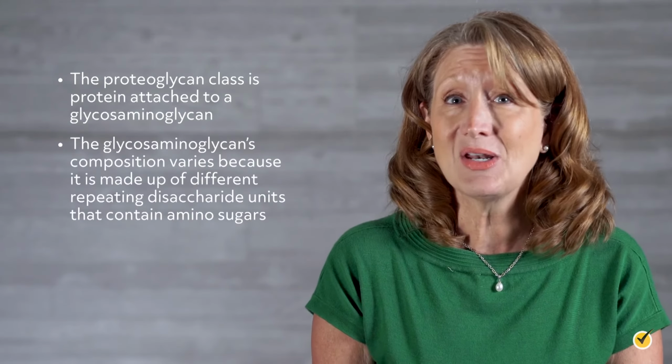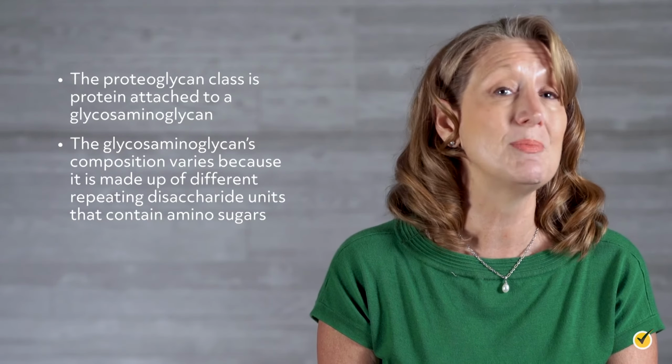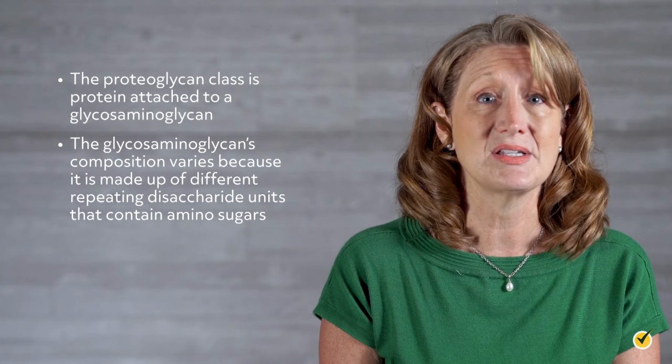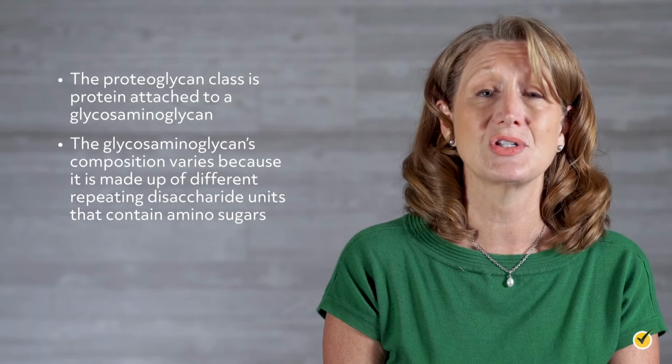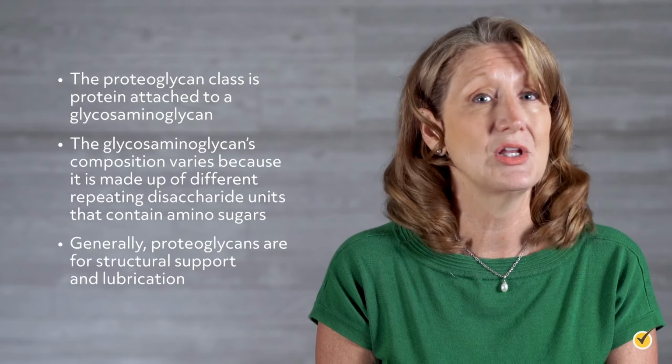The glycosaminoglycan's composition varies because it is made up of different repeating disaccharide units that contain amino sugars. Generally, proteoglycans are for structural support and lubrication. For example, aggrecan in the cartilage of your heel will release water molecules upon impact to provide cushion for the surrounding muscle and bone.